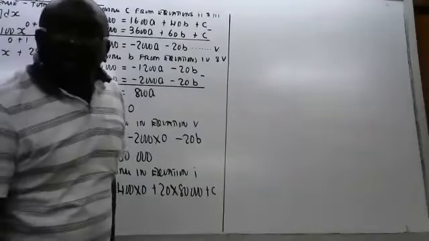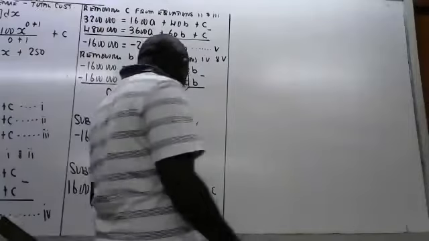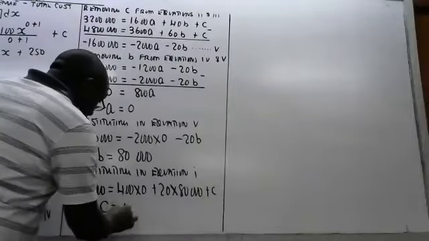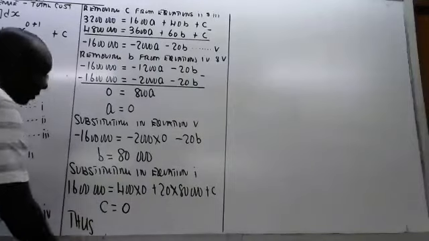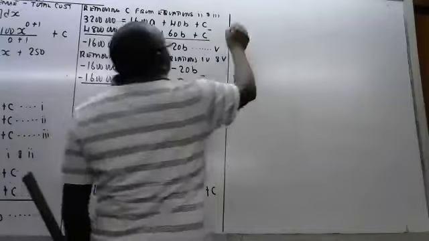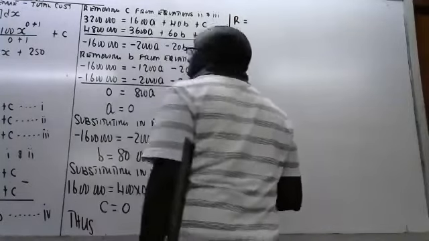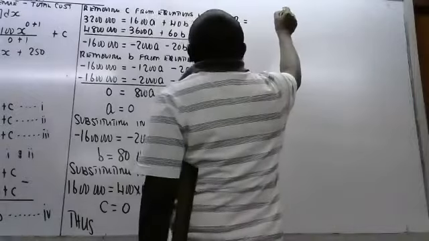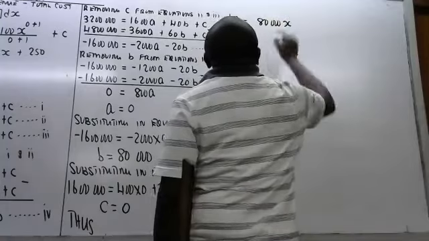Good. So C is 0. Thus, R should be equal to 80,000x.